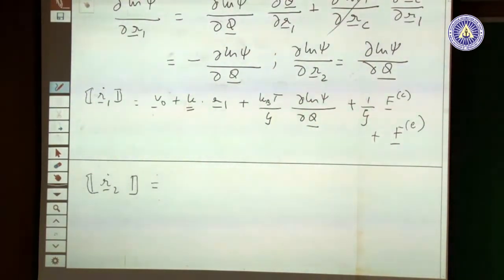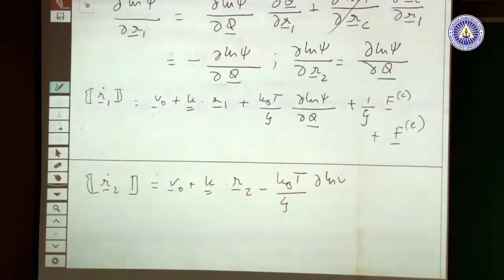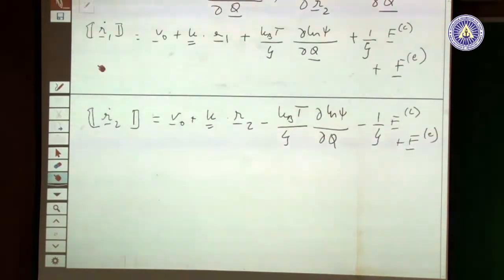So, this would be V naught plus kappa dot R2 plus kBT over zeta, and now this is minus del log psi over del Q, and this is minus 1 over zeta because it is plus F2 phi, and that is minus Fc plus Fe.